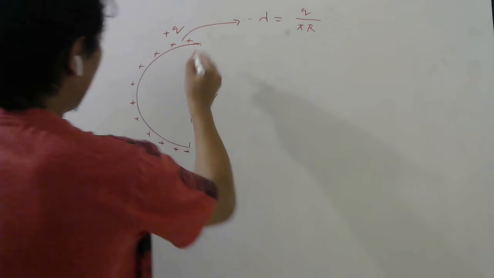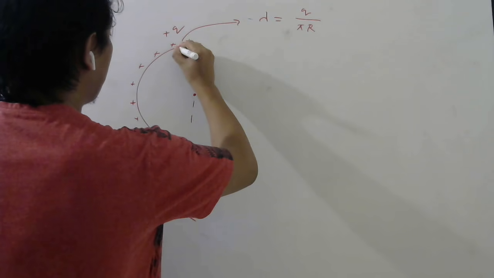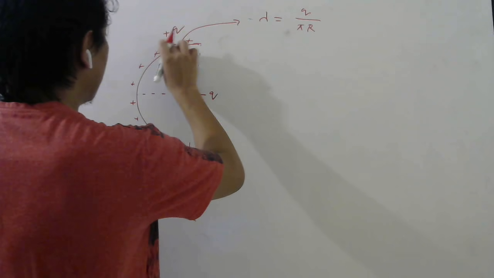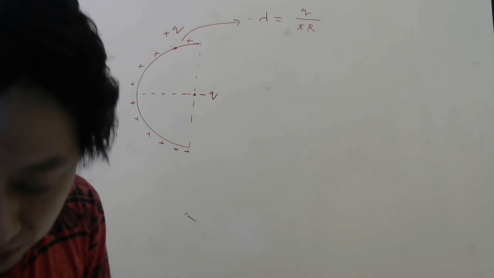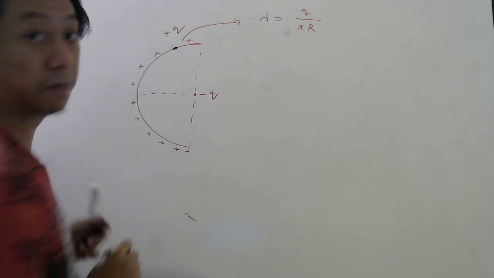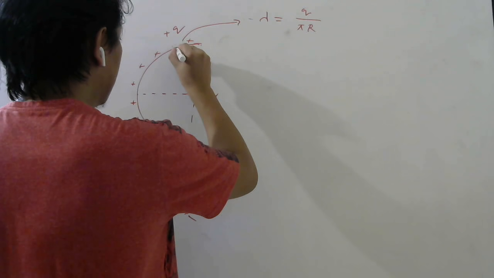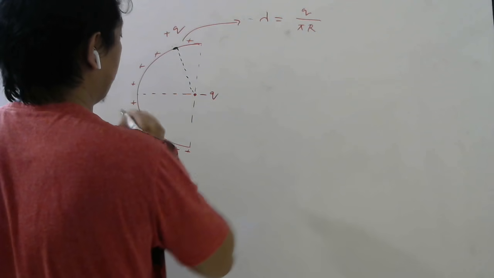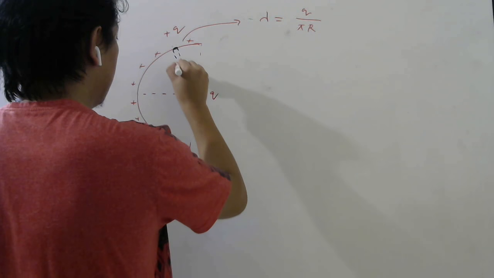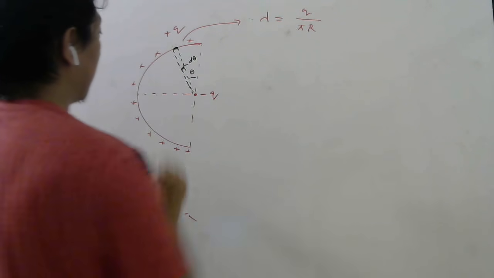Now what we can do is we can think of this semicircular ring as made up of small parts. So let me consider one small part here, which I will give a black color. So this small part, let's say, is at an angle theta from here, then this angle will be d theta, because it is a small angle of this theta.